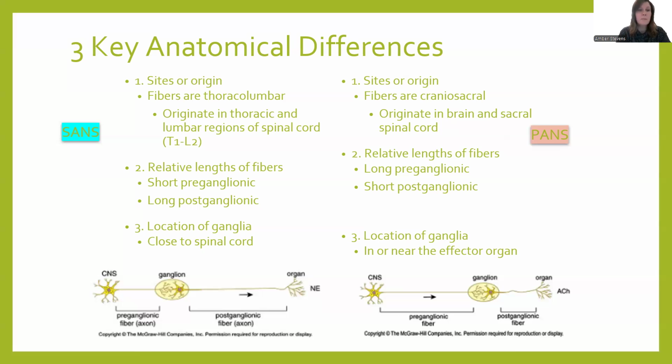You can see the pictures below each one to see that difference. The ganglion locations are also different. For SANS, it's near the spinal cord, and with PANS, it's near or within the target organ.